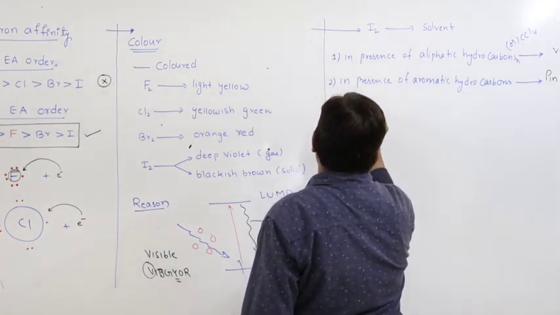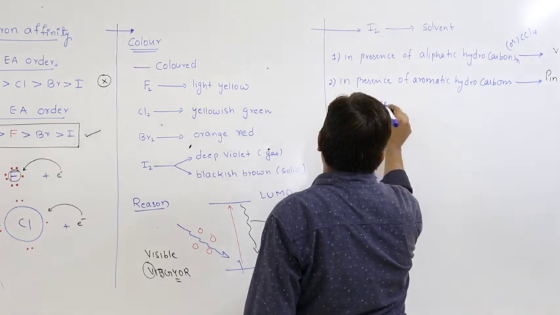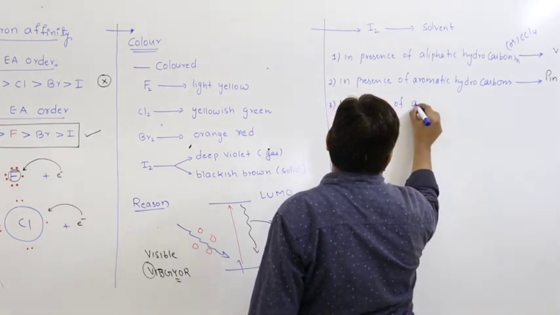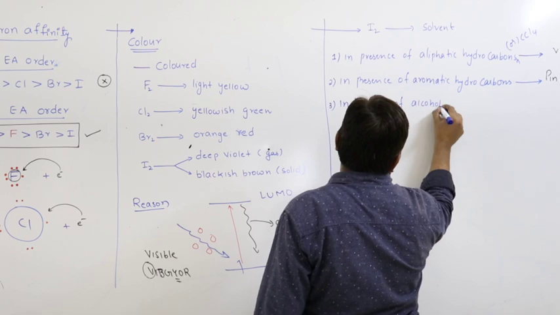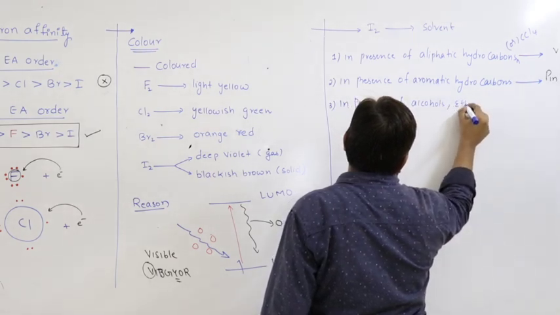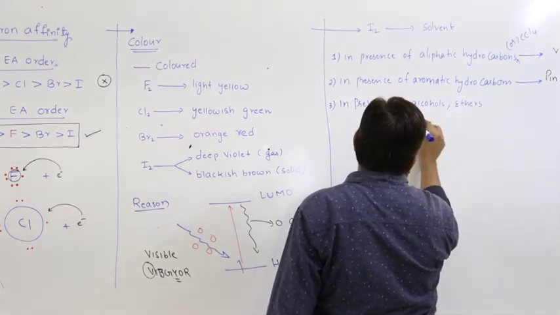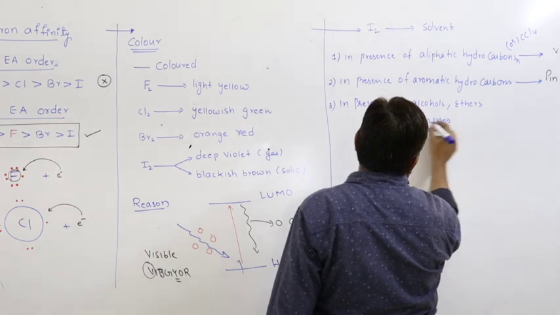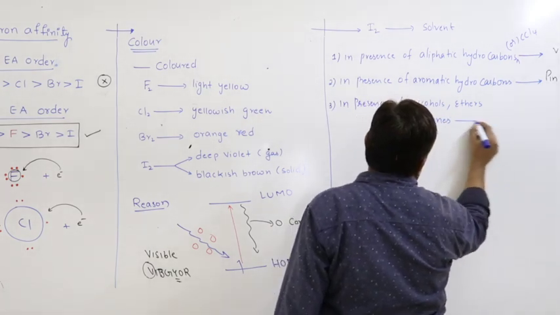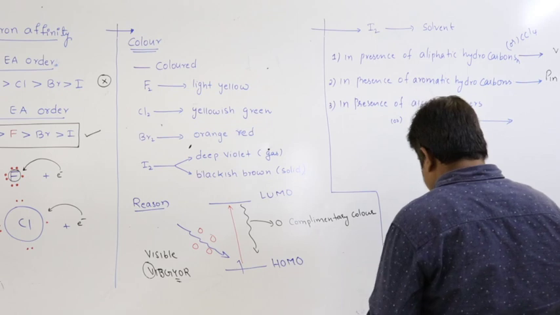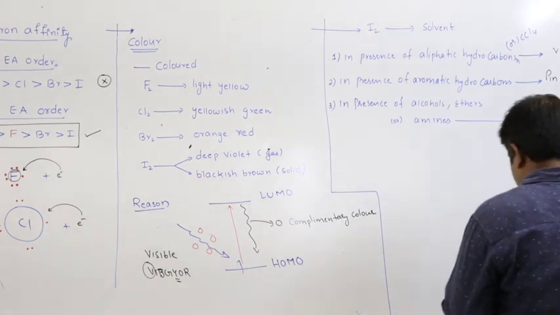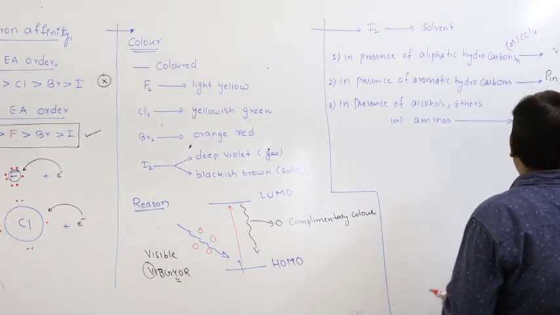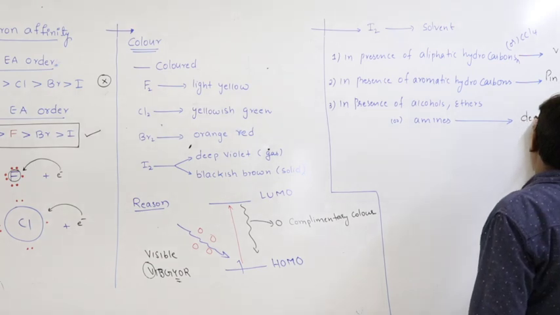In presence of solvents like alcohols, ethers or amines, the color found is deep brown.